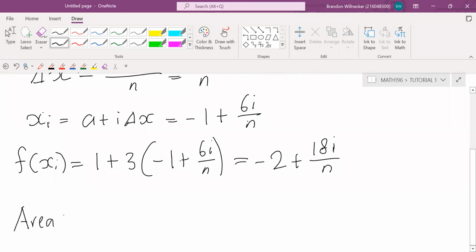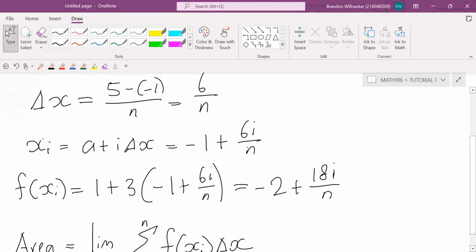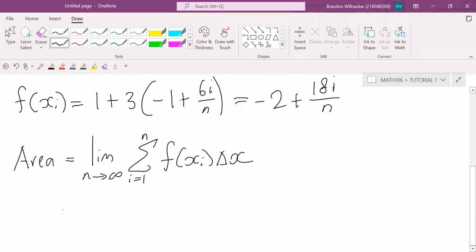Okay, so remember that the area under the curve is given by the limit as n goes to infinity, the sum from i equals 1 to n, f of xi delta x. Okay, and we know all of these from the previous calculations.